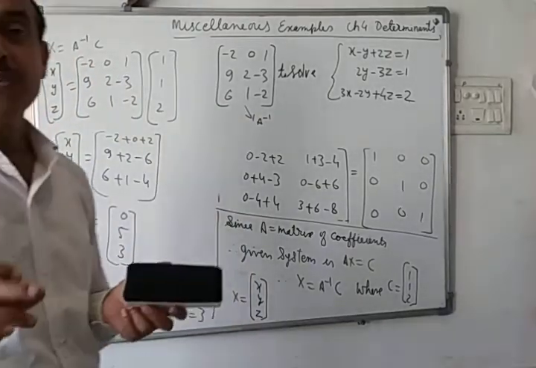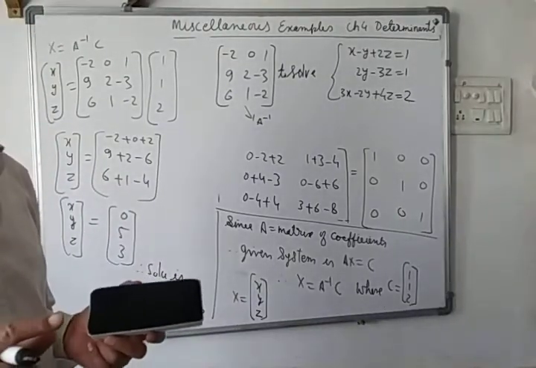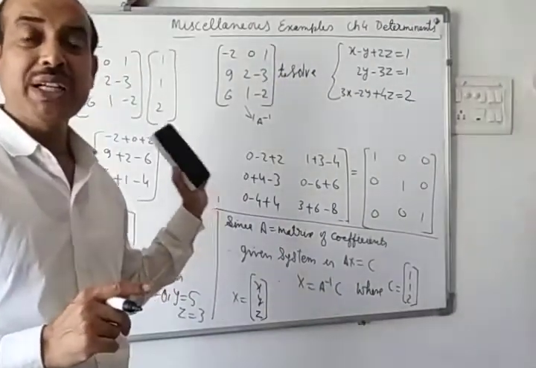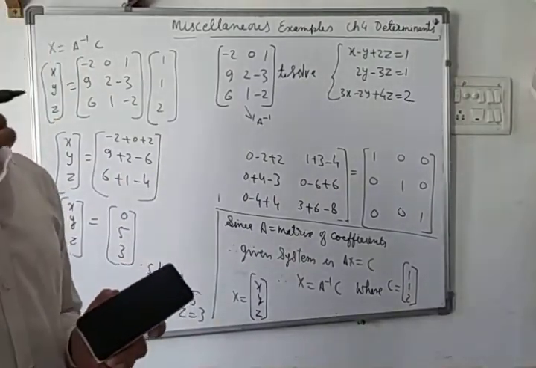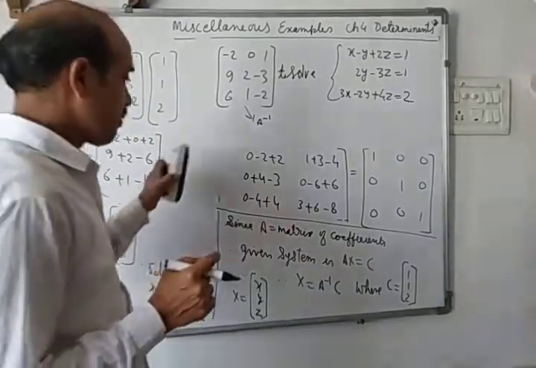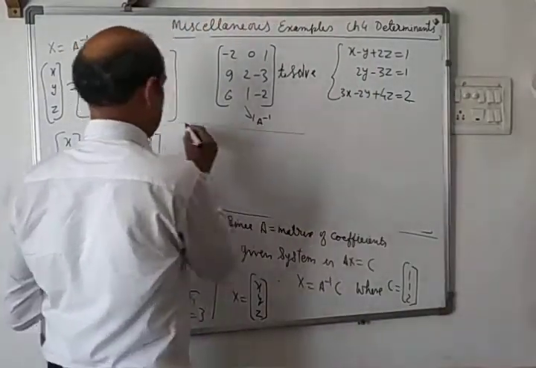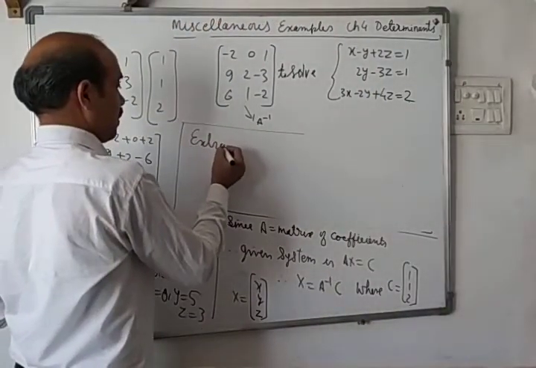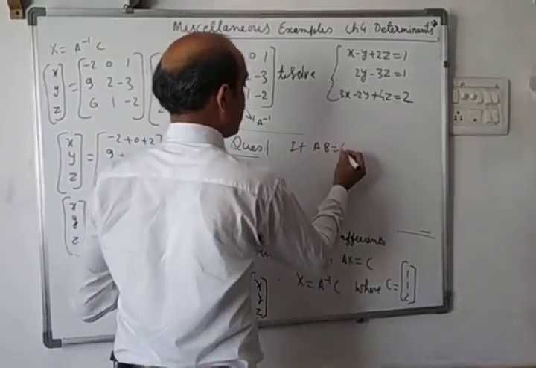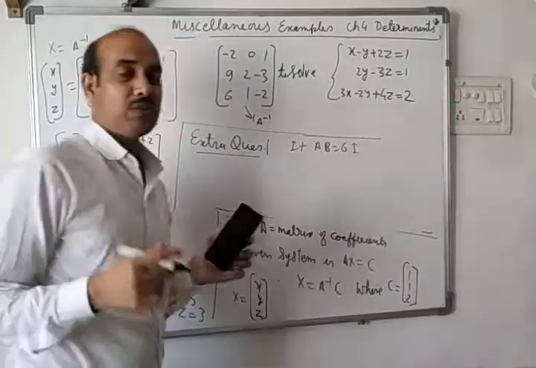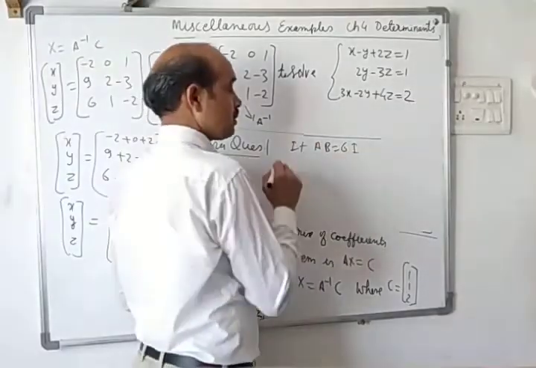So in this video we have learned finding solution of system of equation with the help of the product of two matrices which are given in the question. Now one more question which is not given in the NCERT book but just similar to this we are discussing here. If AB is 6I or 8I or 5I, in that case what will be A inverse?